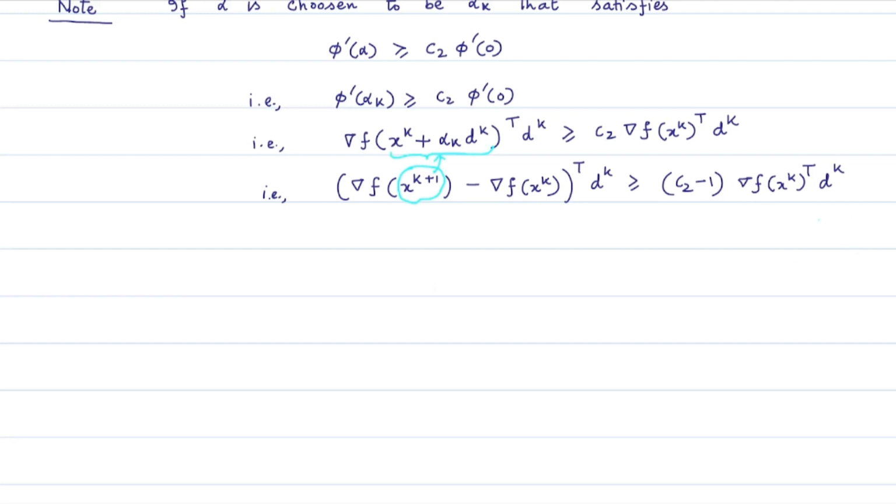We see that the expression on the right is a positive quantity because C2 is less than 1 and dk is a descent direction of the function f at the point xk.